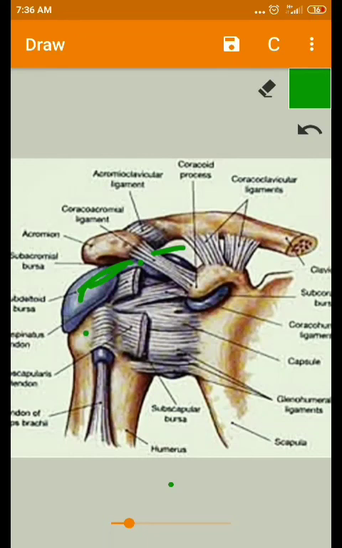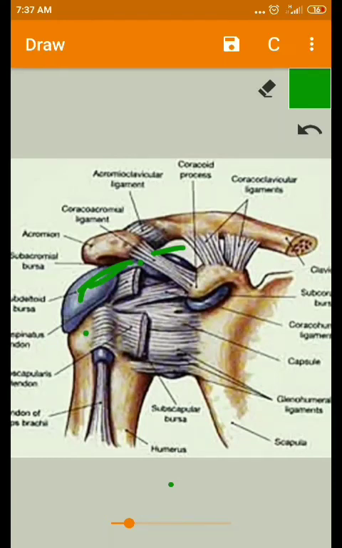Okay, so this is about the subacromial bursa. What is the main function of this bursa? This bursa reduces friction to permit smooth gliding between the humerus and the supraspinatus tendon and the surrounding structures.